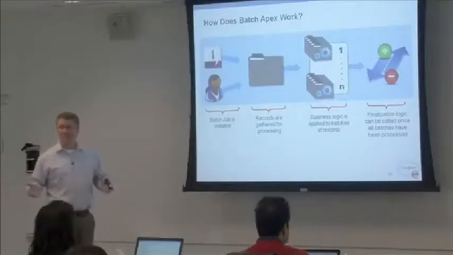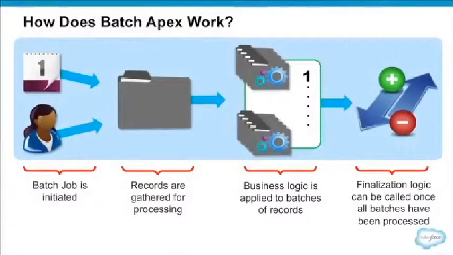What we end up doing is, let's say we have 10 million records, we break it up into smaller chunks and then process those chunks of data. After it's all completed, we then execute some finalization logic. You might want to do something like send yourself an email saying my batch job is done, or update some record somewhere, some sort of indicator that you've successfully completed it.